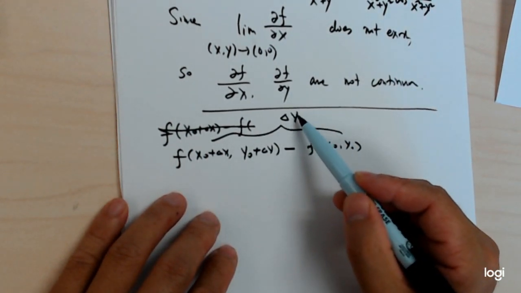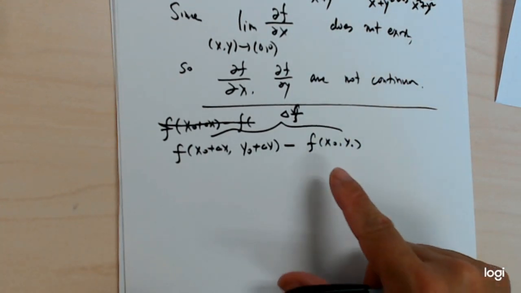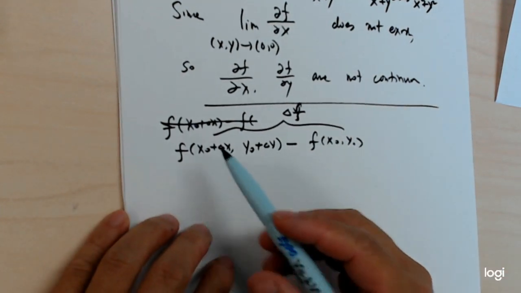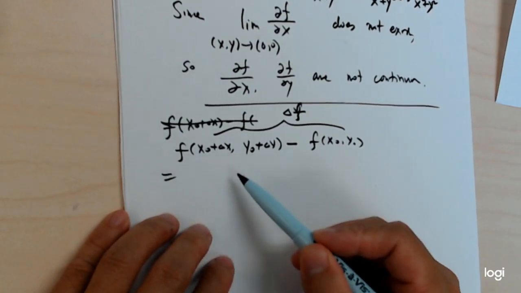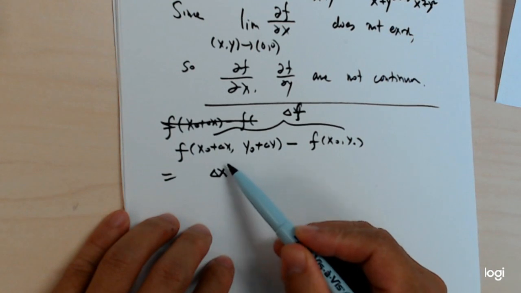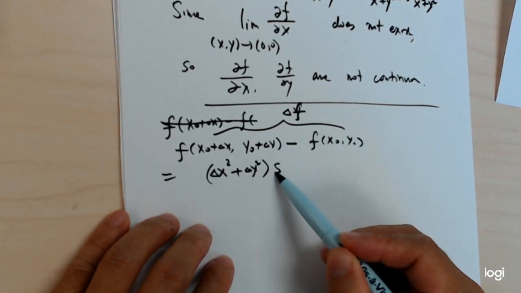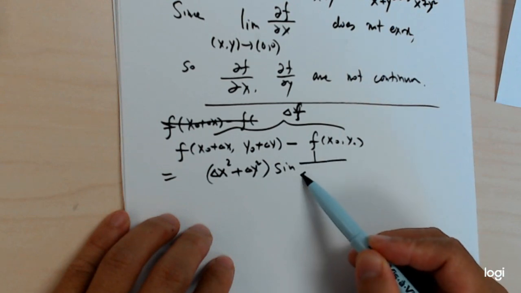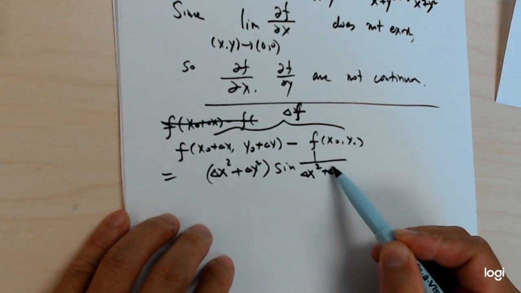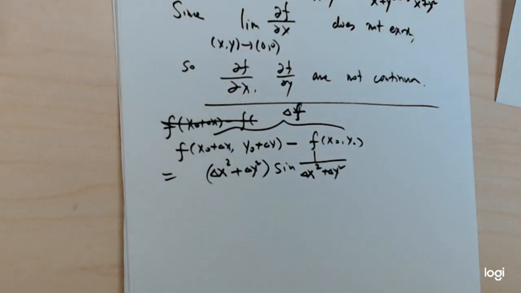That's not delta y, rather delta f. f at x naught, y naught is 0 here. So it turns out this is just what? Delta x squared plus delta y squared, times sine. This guy back here is just 0, okay? So that's what it is.